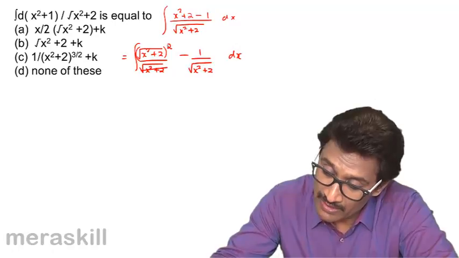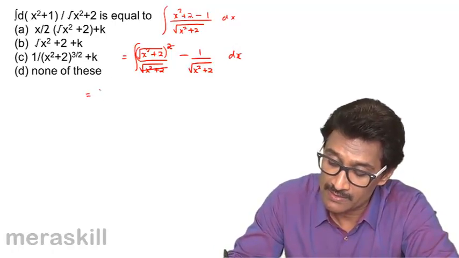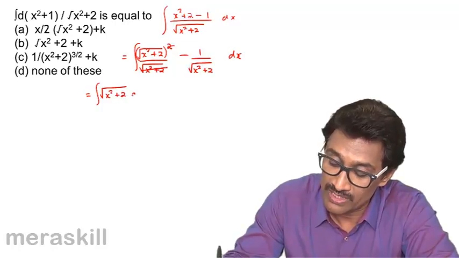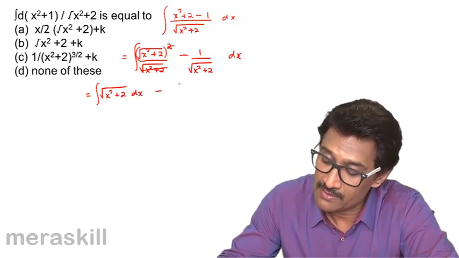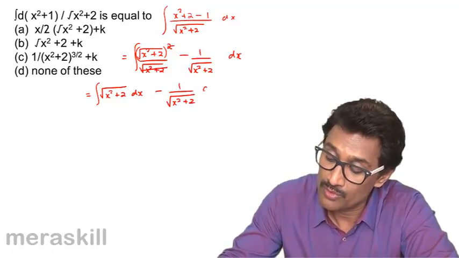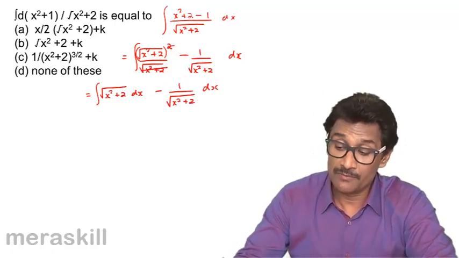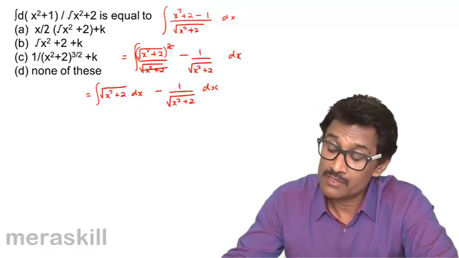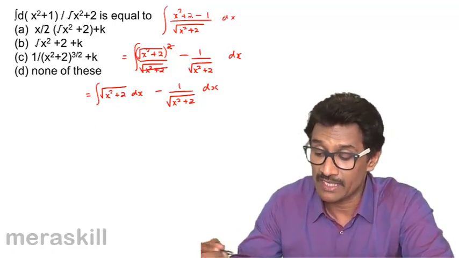This is now getting cancelled. So the first part is eventually root x square plus 2 dx minus 1 upon root x square plus 2 dx. So this is the formula using x square plus a square, where a is root 2. Here it is 1 upon root x square plus a square, where a is root 2.